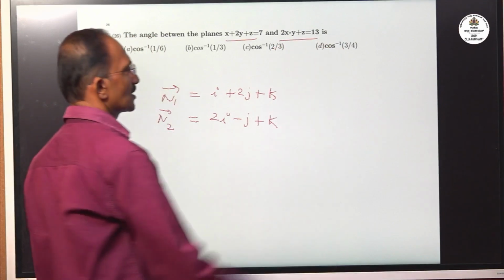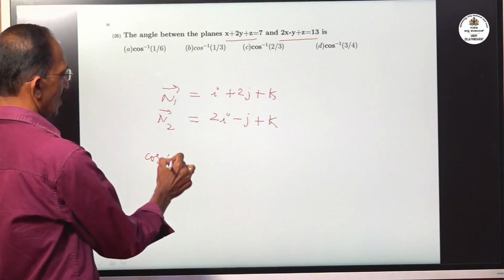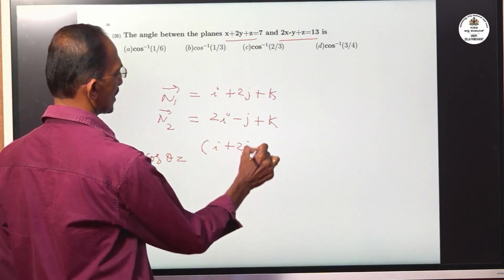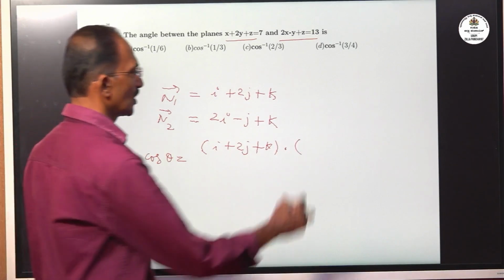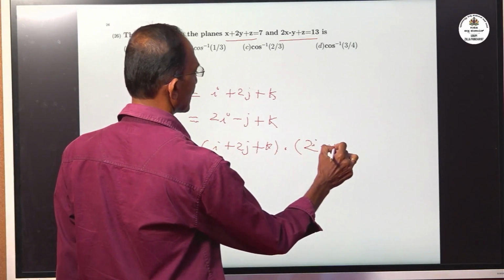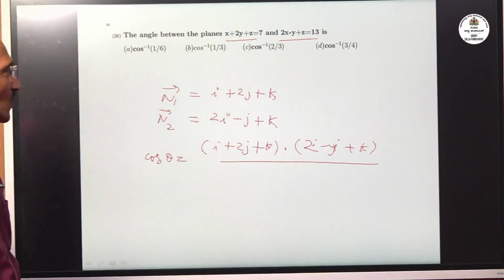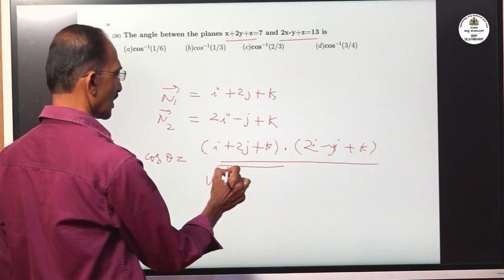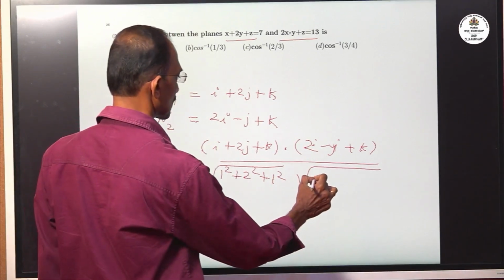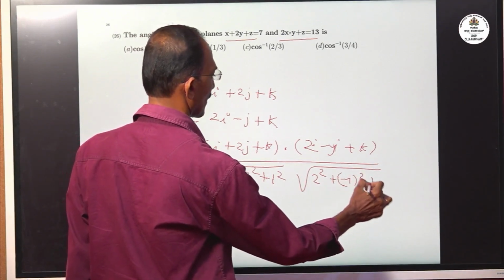Clearly cos of angle theta must be equal to n1 dot n2 divided by the magnitudes of the two vectors, that is i plus 2j plus k dot product with 2i minus j plus k divided by square root of 1 square plus 2 square plus 1 square, and another root, that is 2 square plus minus 1 square plus 1 square.